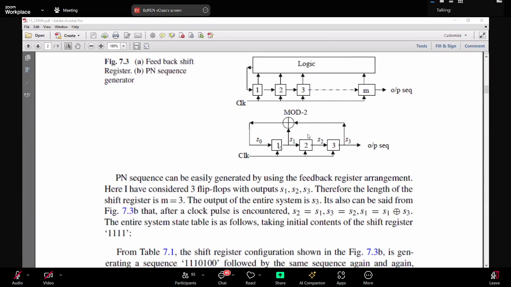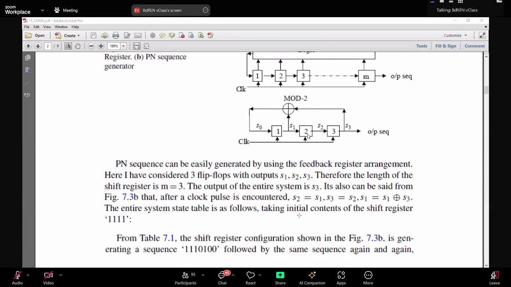So when you have a clock pulse, S3 becomes equal to S2, S2 becomes equal to S1. Whatever you had at S2 before the clock pulse will appear at S3. This should be S0. It's mistaken here. S0 is the XOR operation of S1 and S3.